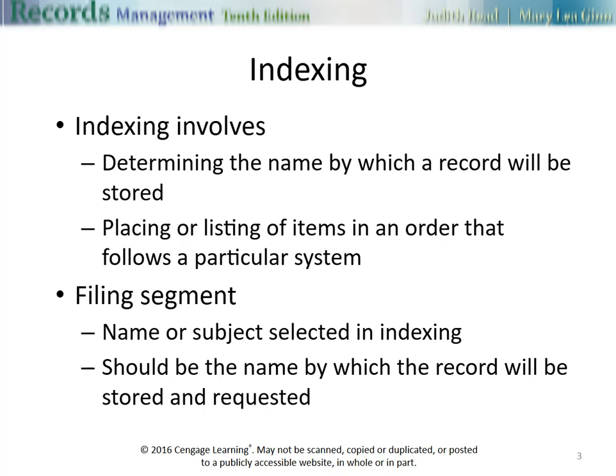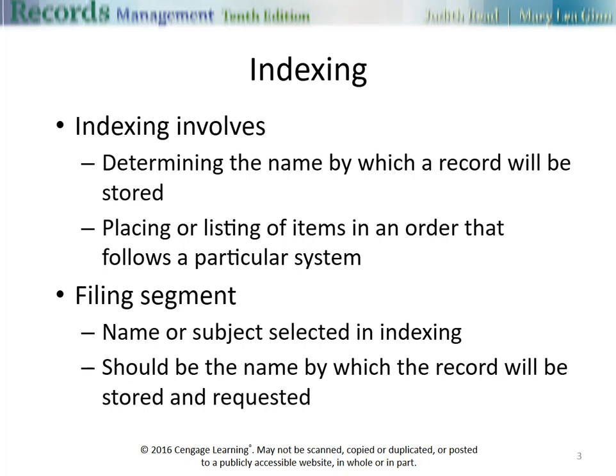And so we call that chosen name or category the filing segment. And it's basically how we'll look for the record later on. So when we need to retrieve it, if we ever need to use it for anything. So indexing just helps make sure that everyone who uses the file room or digital system knows exactly where to find that record.